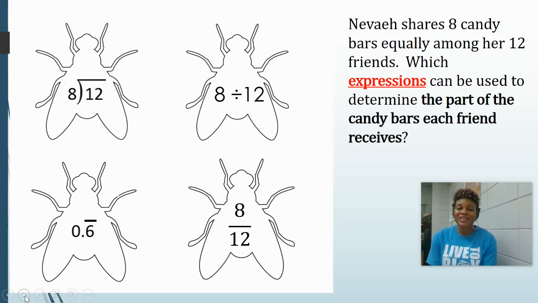Nevaeh shares 8 candy bars equally among her 12 friends. Which expressions can be used to determine the part of the candy bars each friend receives? Again, this says expressions with an S. So we're looking for 2 right answers here. Which 2 are right? What is Nevaeh dividing? Candy.